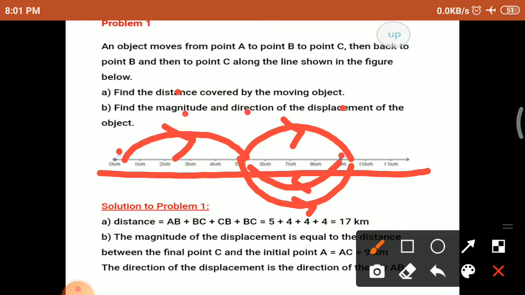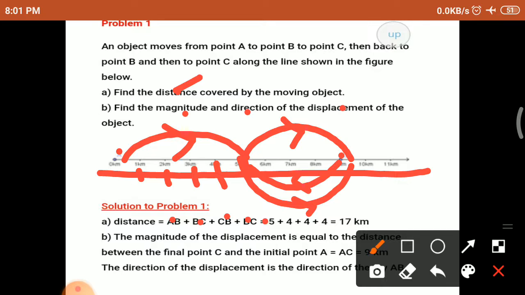So listen to the solution. First we have to calculate the distance. First the object moves from A to B, the next it moves from B to C, the third it moves from C to B, and the fourth it moves from B to C. A to B is 1, 2, 3, 4, 5, so it covered 5 kilometer.